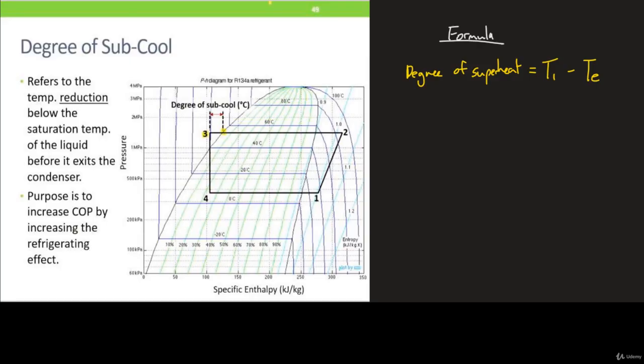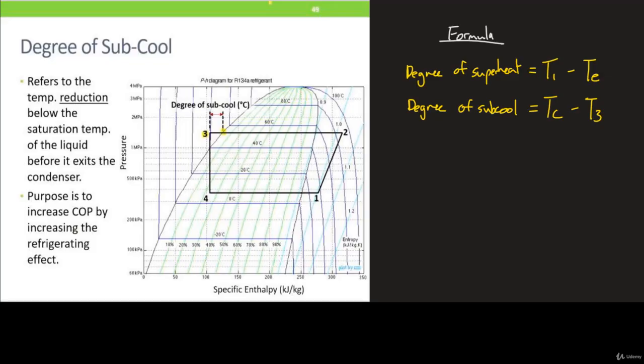Again, you can use a formula to represent this part. Degree of subcool is equal to TC, the higher temperature, where it just leaves the saturated liquid line, minus T3.